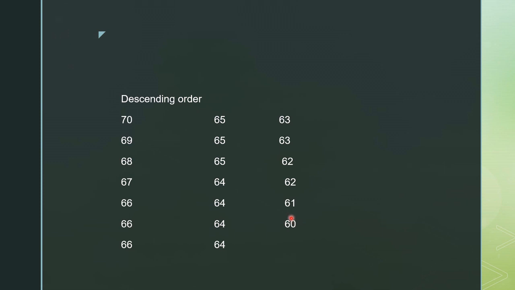Descending order means from higher value to lower value, right? So first of all we get this descending order of the array.